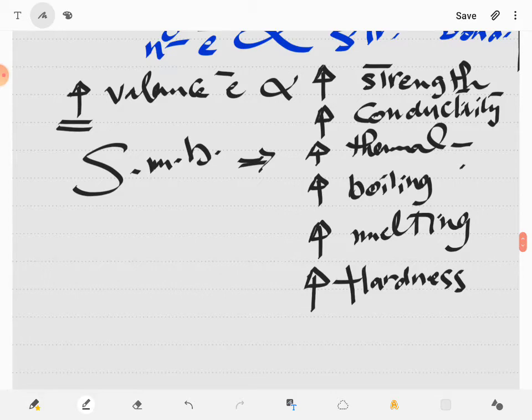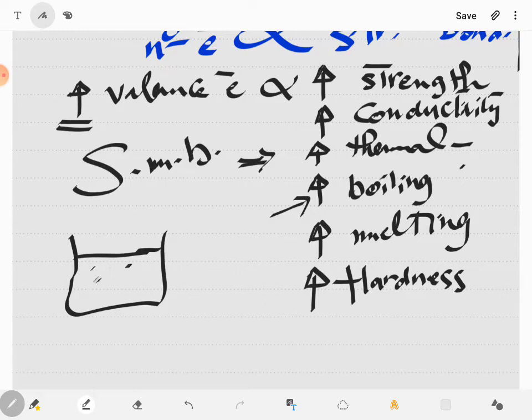Someone will also ask, why does the boiling point increase? Look, say there is a bottle here and I'm keeping water in it. What is boiling?